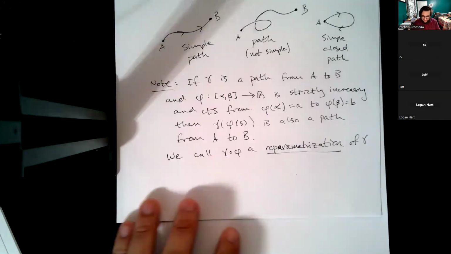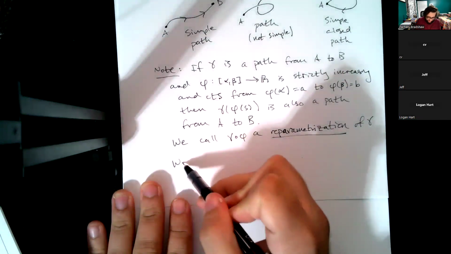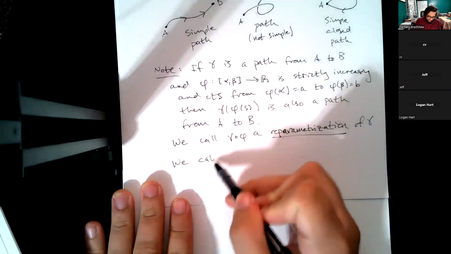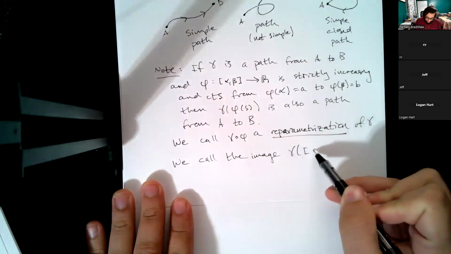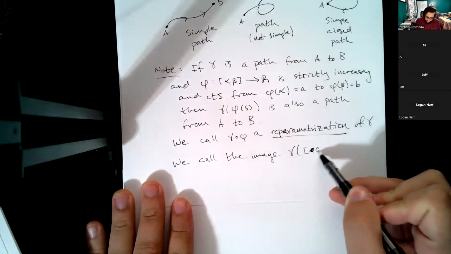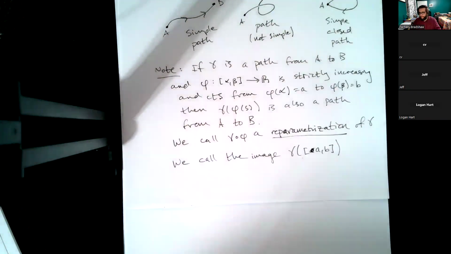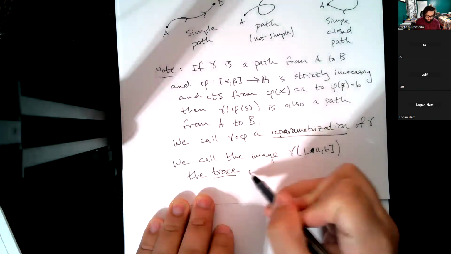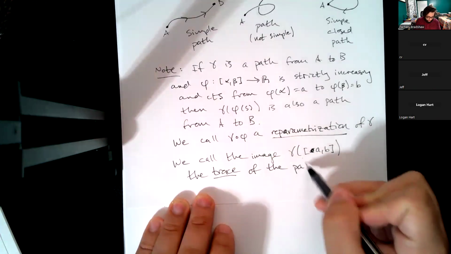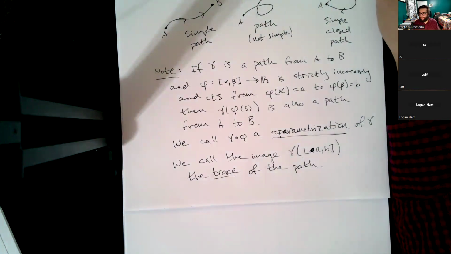Some more terminology, which I don't really care for, but it's what's used in Gamelin, so I'll try to stick to it. We call the image, whoops, that should be an A, the image of this entire interval under the path function gamma, we call it the trace of the path. Being somebody who deals a lot with quantum information theory, we have this trace operator, right?